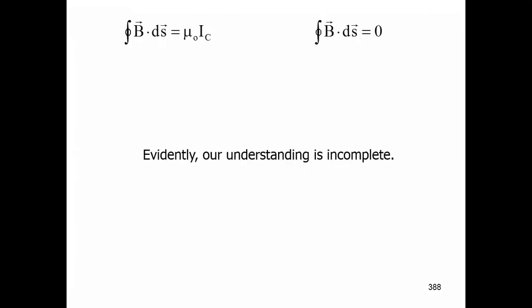In that case, B dot dl is mu naught times IC. But in the previous case, you are getting B dot dl is 0. It all depended upon the choice of Amperian surface. So this was the inconsistency: the choice of the shape of the Amperian surface was deciding the entire field.